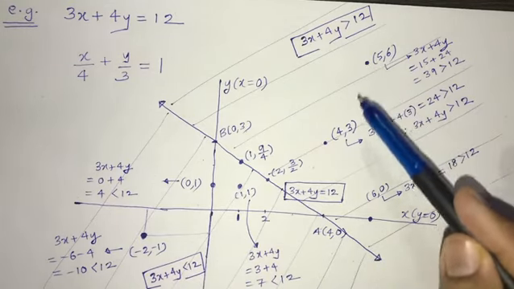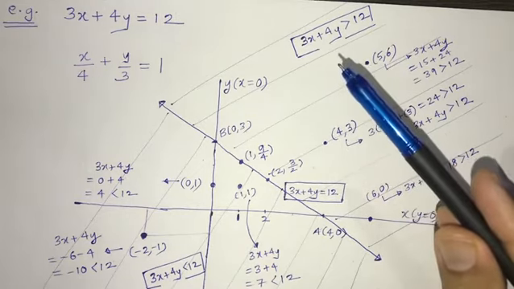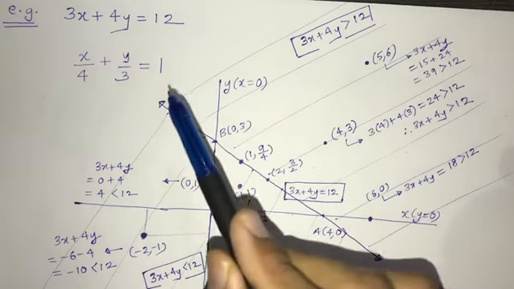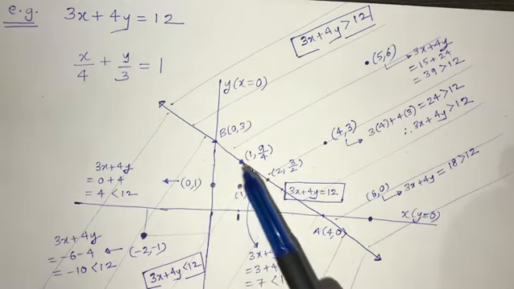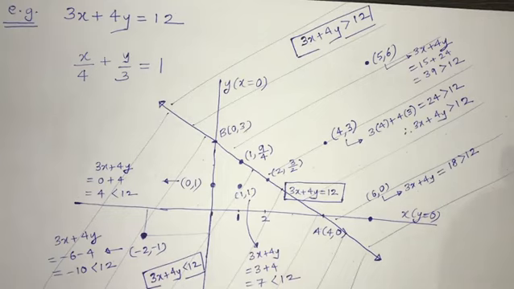Points satisfying the equation will form a straight line. Points satisfying the inequality will form a half plane.